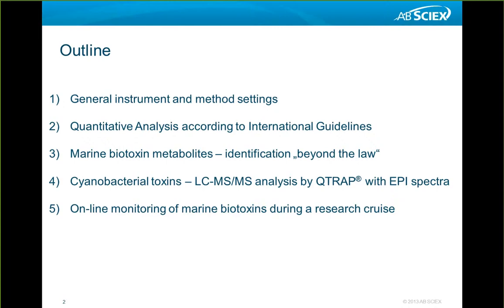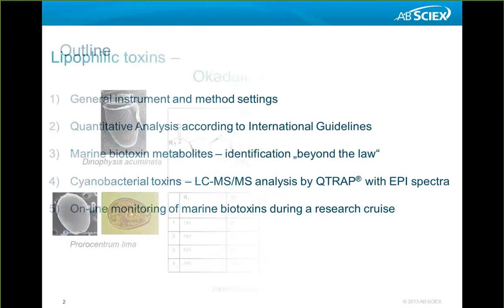Then we are going to move from marine water into freshwater, having an eye on cyanobacterial toxins such as microcystins. And then we also have to focus on drinking water, since drinking water can be contaminated by those toxic cyanobacterial products. The last part is then a little bit on the online monitoring. So we are equipping a marine research vessel with the equipment that allows us for very on-time measurements.